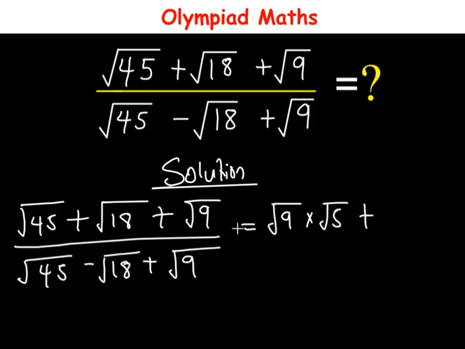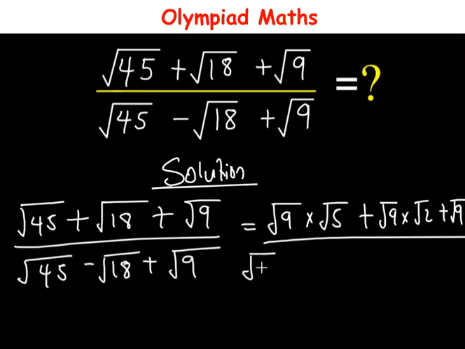Then plus we can write root 18 as root 9 times root 2. Then we have plus root 9, all divided by root 45 written as root 9 times root 5, then minus root 18 written as root 9 times root 2, plus we have root 9.